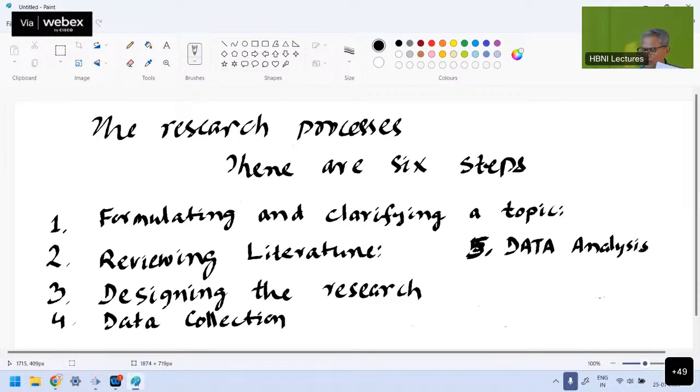Once you have done your data analysis, the sixth step is writing it up. This is also a very important part of your research.